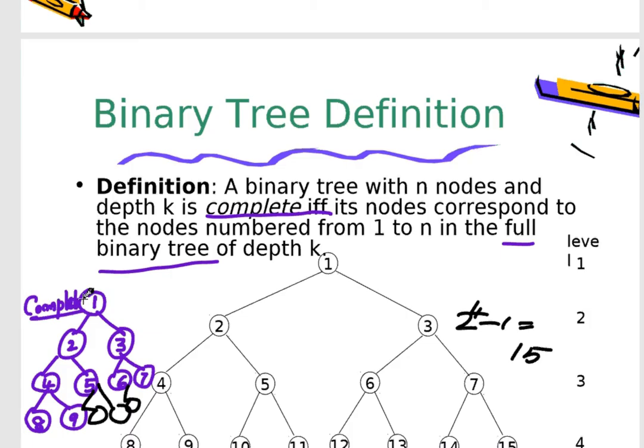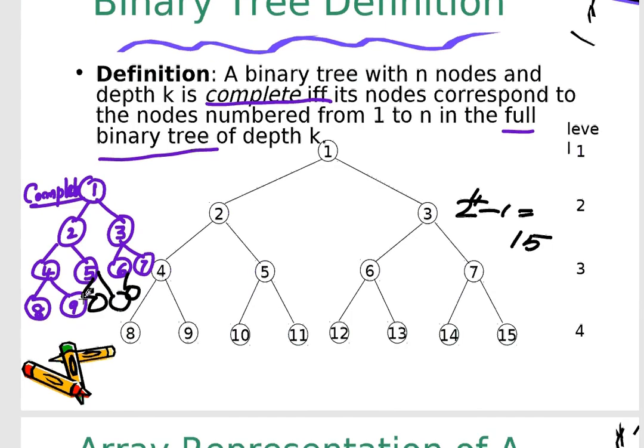The definition of a complete binary tree says a binary tree with n nodes and depth k is complete if and only if its nodes correspond to the nodes numbered 1 to n in a fully binary tree of depth k. So here is a fully binary tree of depth k, like depth, or you can say levels, that would be better. 1, 2, 3, 4 levels are there.